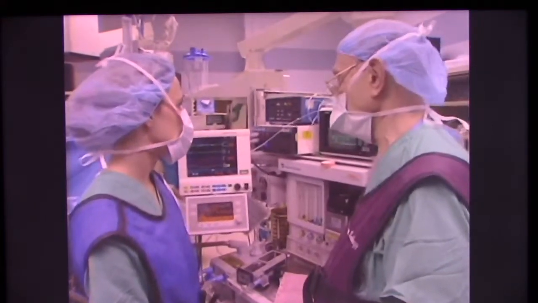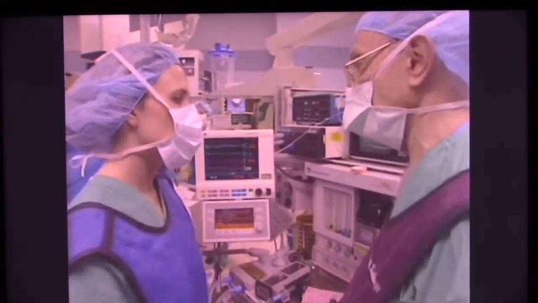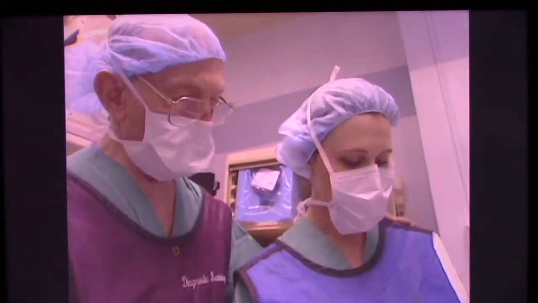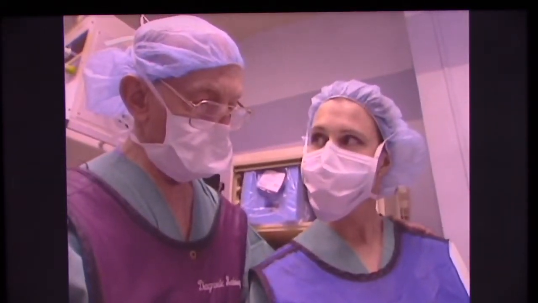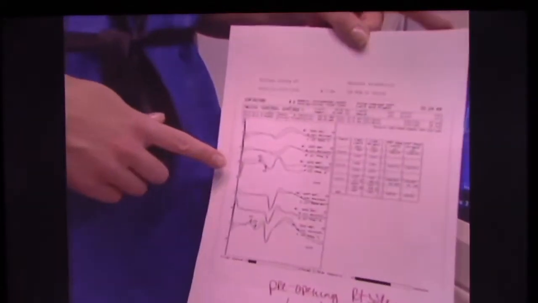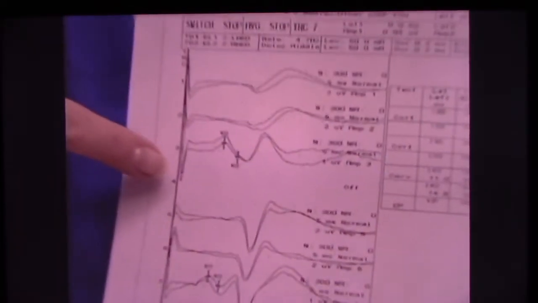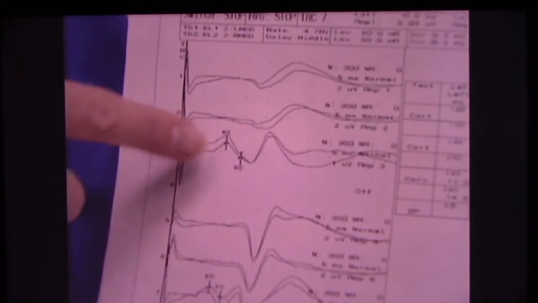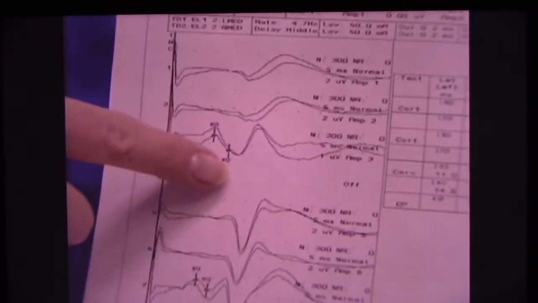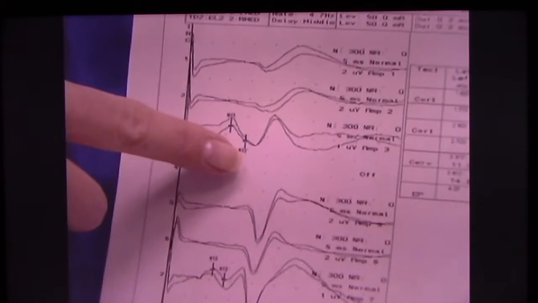Okay, that's very good. Well, let's go over and see if they are. Can you tell us what we learned from the somatosensory evoked potentials in this case? Basically, we have a picture here of pre-opening. And from the subcortical structures, we have a measure of the SSEP. And the distance from here to here is the amplitude.